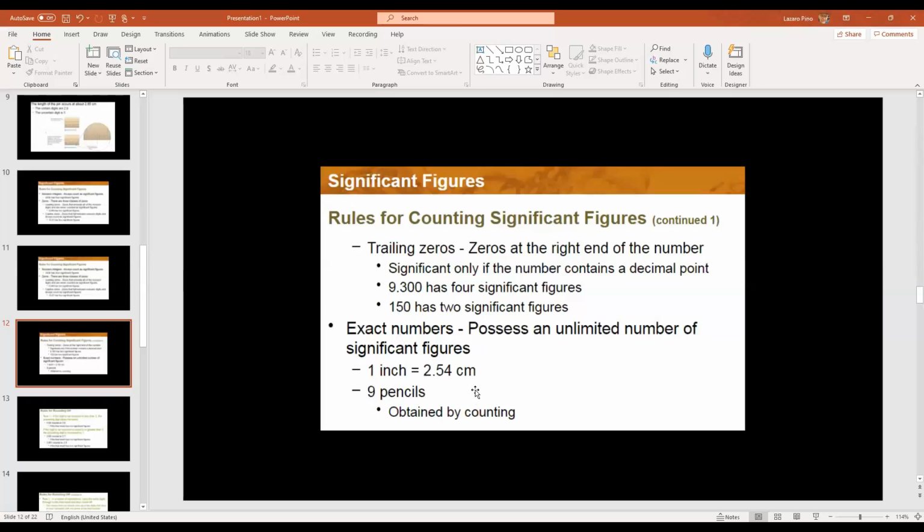Exact numbers are those that come from a conversion, 1 inch is 2.54 centimeters, or from counting, for example, 9 pencils. You can count the pencils, and 9 is an exact number.